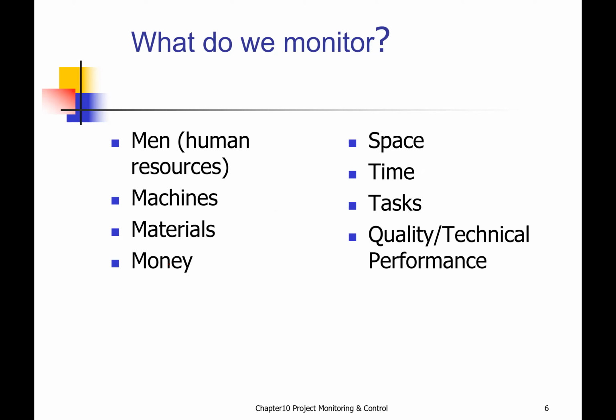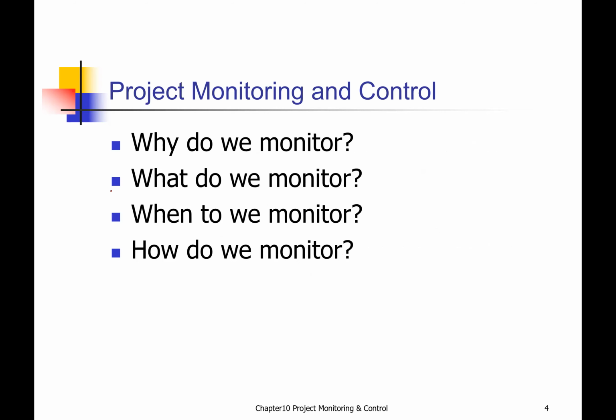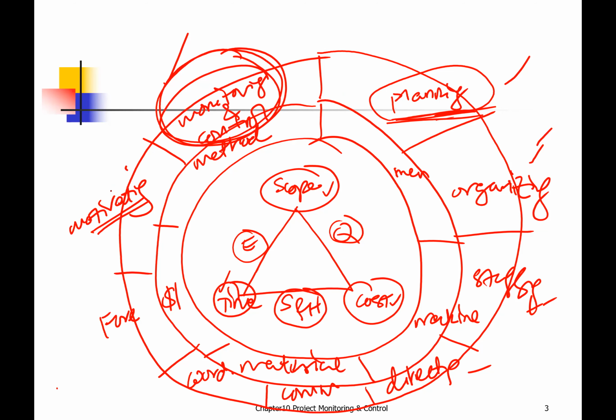Okay, what do we monitor? What are the things? If you go back to this figure here, actually, all these elements that I drew inside here can be monitored. Scope, quality, cost, safety and health, environment, time, man, machine, material, money. We have seen cash flow.